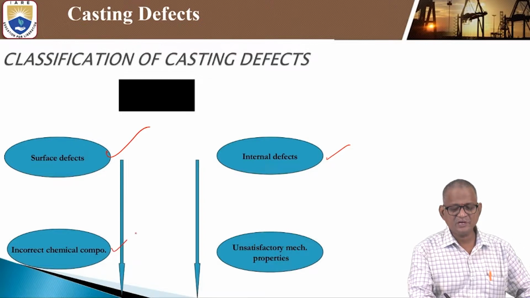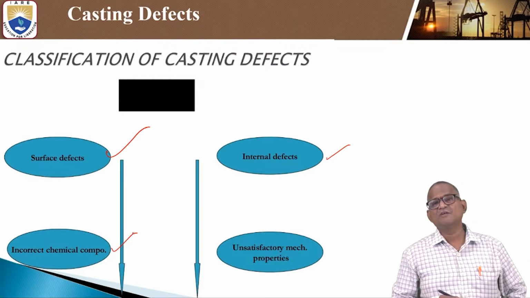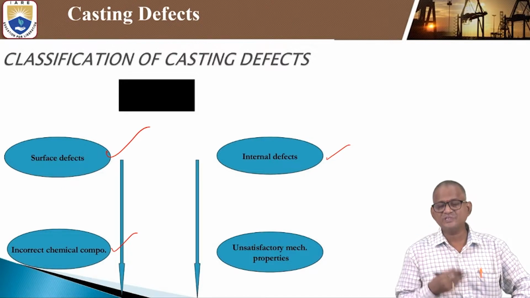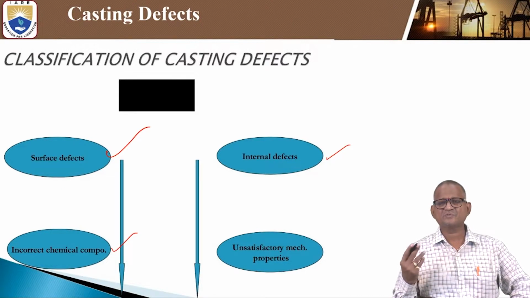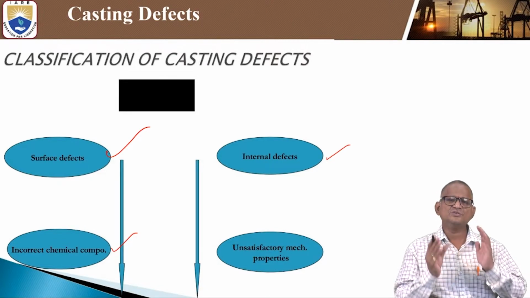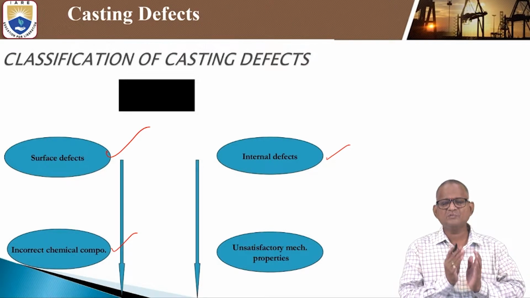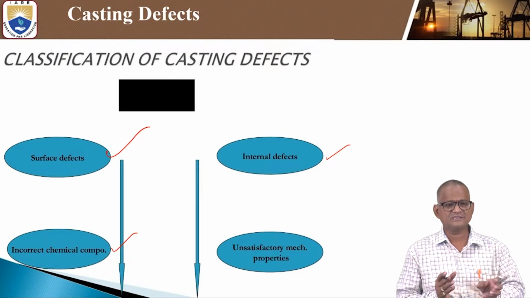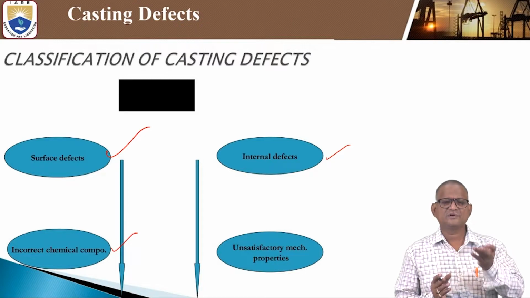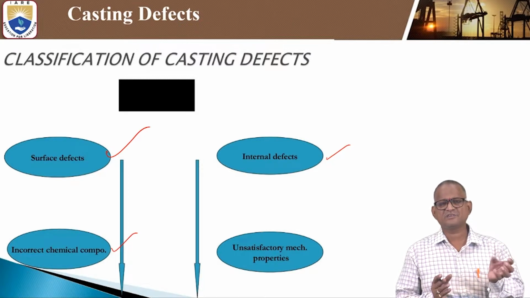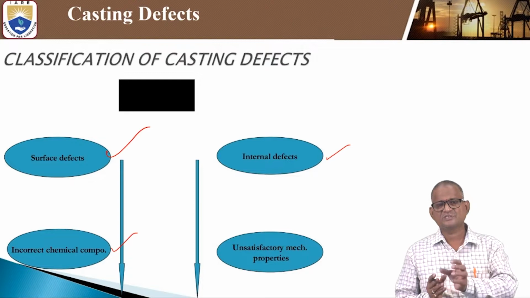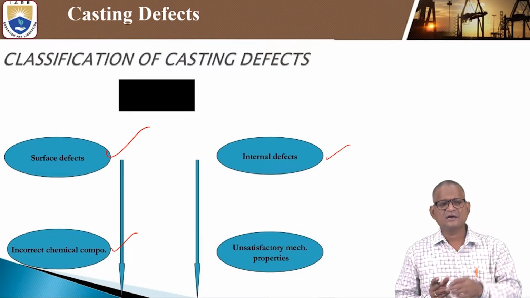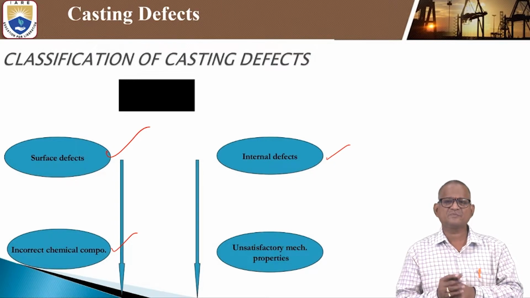And incorrect chemical composition. One most important thing is chemical composition. When you want to improve mechanical, electrical, and magnetic properties, you need a good percentage of certain elements. You should maintain the effective percentage of chemicals like sulfur, copper, and phosphorus, whatever improves the certain properties, and the exact amount should be maintained in molten metal preparation.